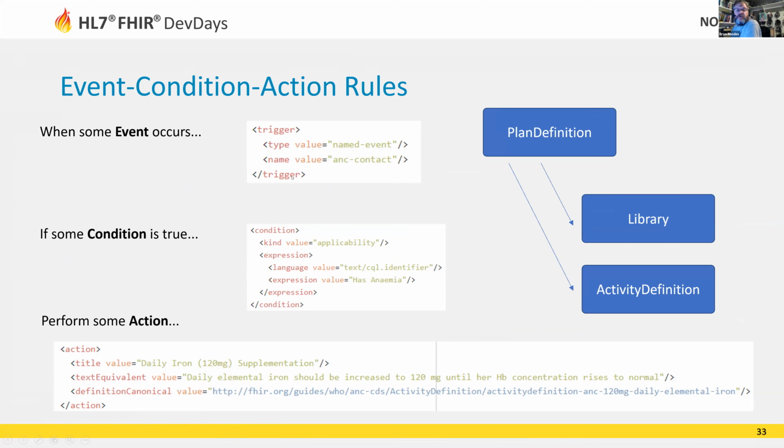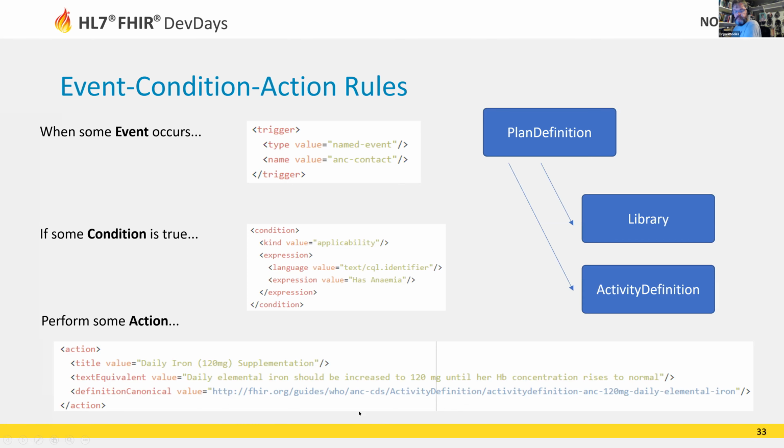So when some event occurs, in this case, the named event ANC contact, if some condition is true, in this case, the has anemia expression within the ANC recommendation logic, then you perform some action. In this case, we're specifying that daily elemental iron should be increased to 120 milligrams because the patient has anemia.